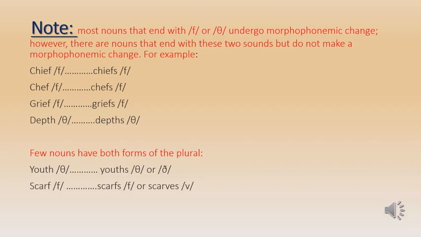It undergoes morphophonemic change. So here we have a morphophonemic plural. So for scarf, again, we have scarfs, regular plural, and scarves, morphophonemic plural. And there are some other nouns that have both forms of plural and they end in th or fe.